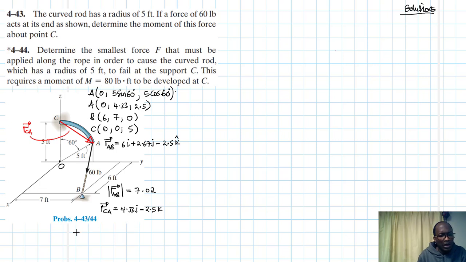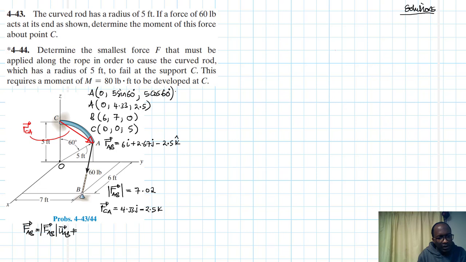So what we need now is to convert this force into a force vector. So say FAB, this is for the first part, FAB is equal to the force itself, which we are just going to say FAB magnitude times the unit vector AB, right?